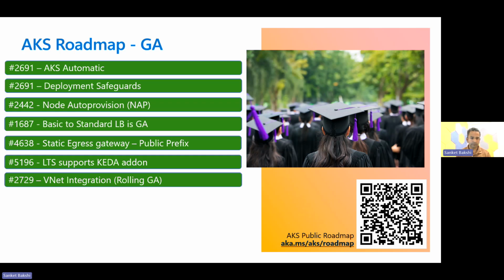The next one is node auto provision. This is a little bit old, but when we were putting this call together, I realized that when we had this last call in July, we talked about node auto provision getting to GA, but it was not GA still. So the feature is now generally available.